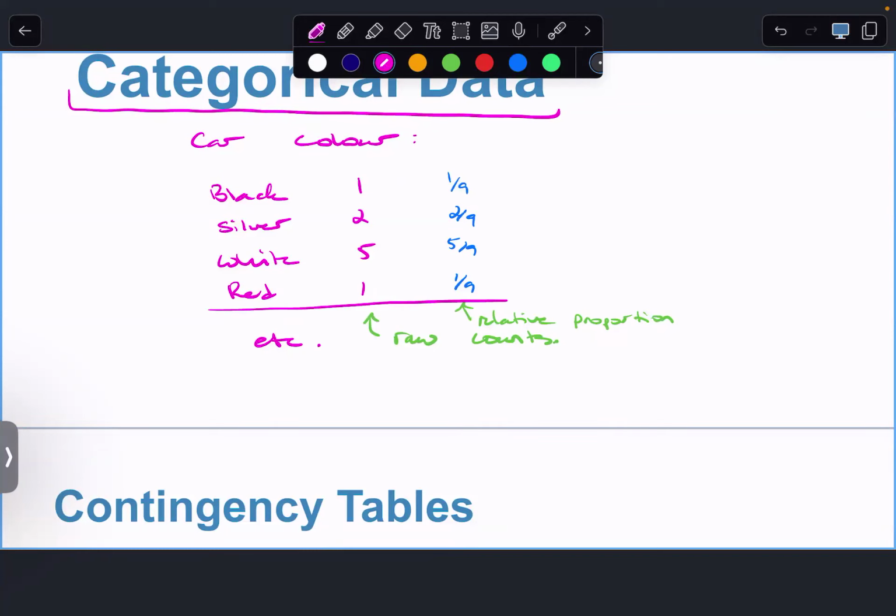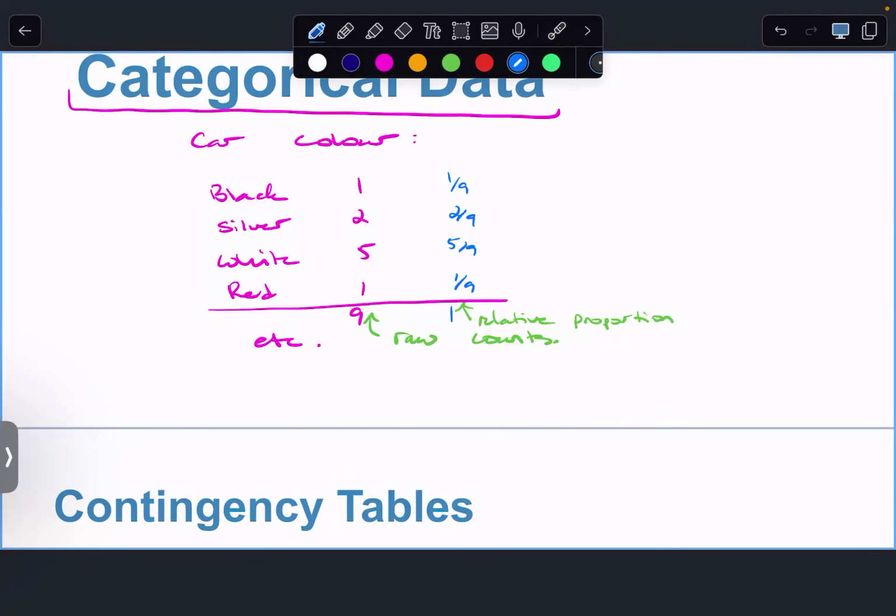So here in this example, this total is 9. These proportions or fractions have to add to 1, right? You've got a common denominator, so that's fine.